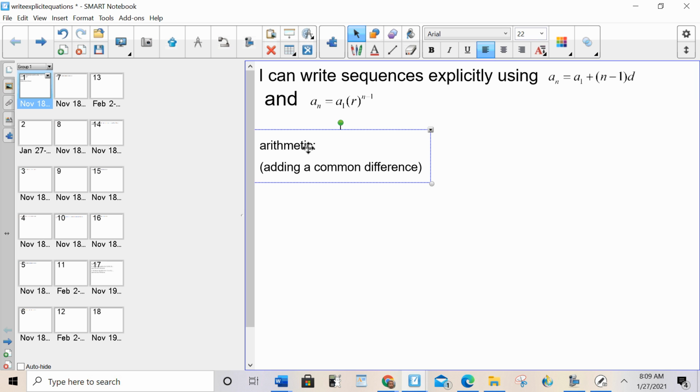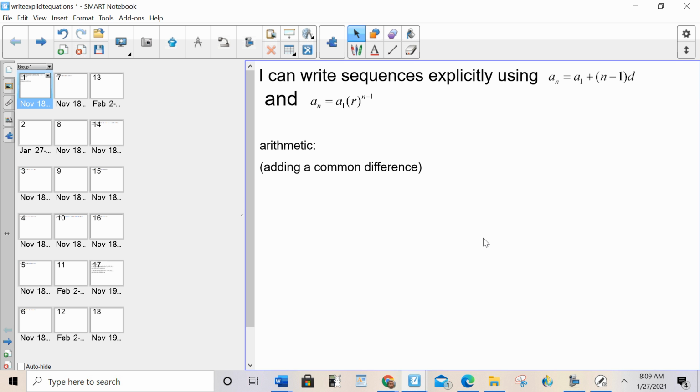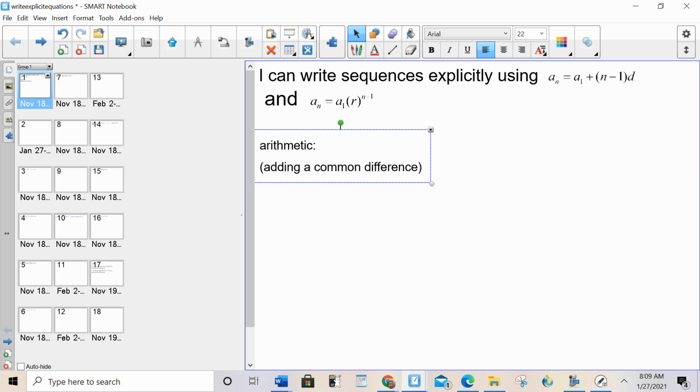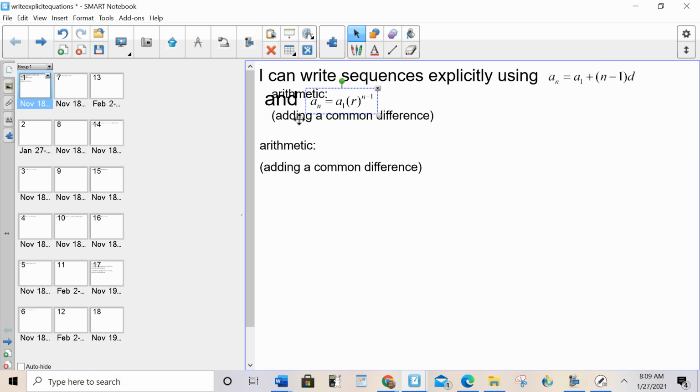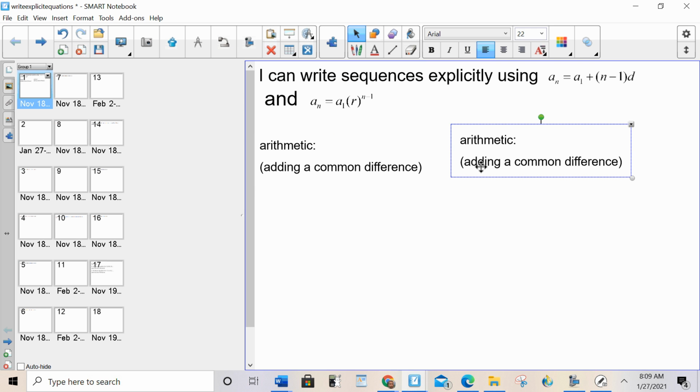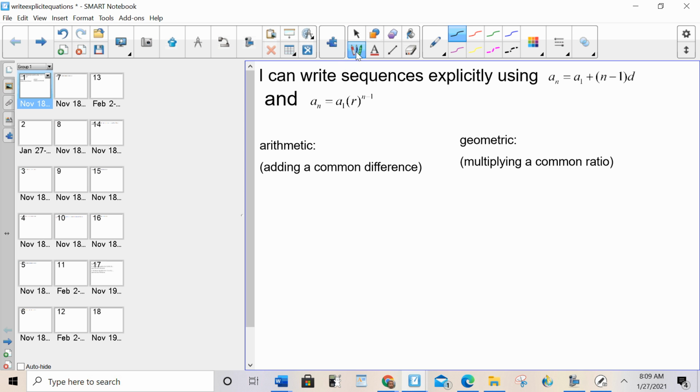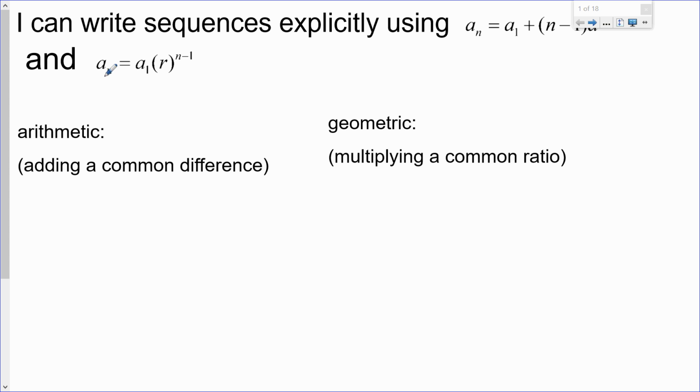So for arithmetic, a_n equals a_1 plus (n minus 1)d.